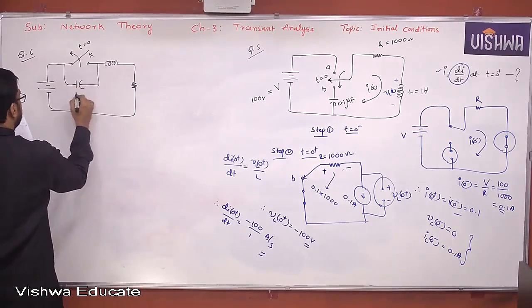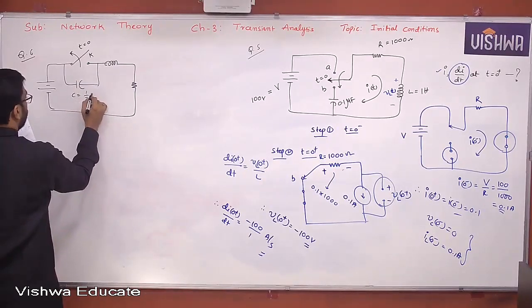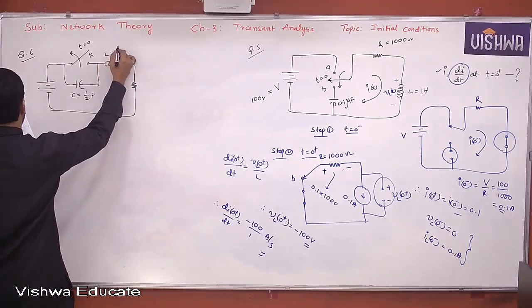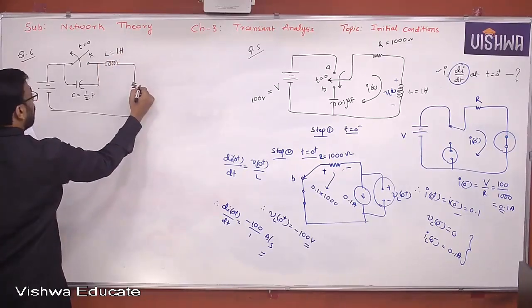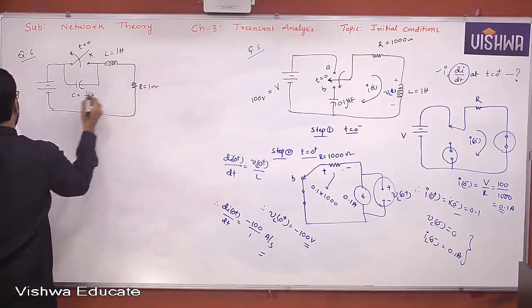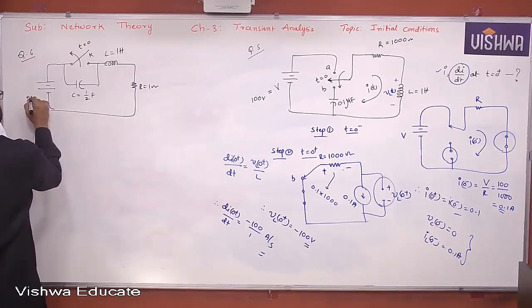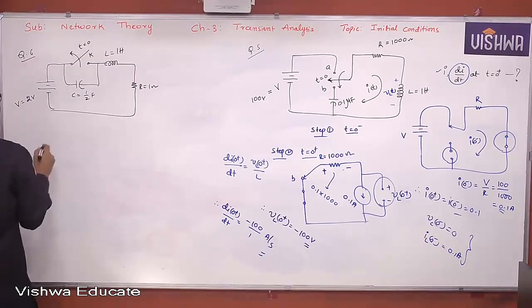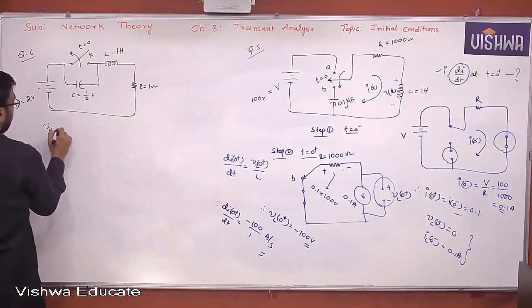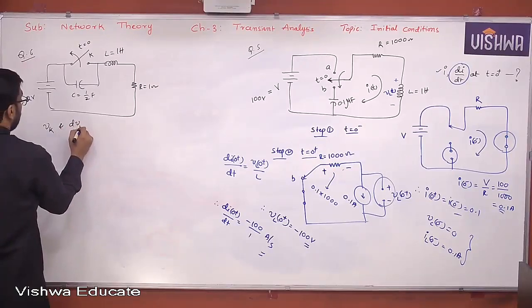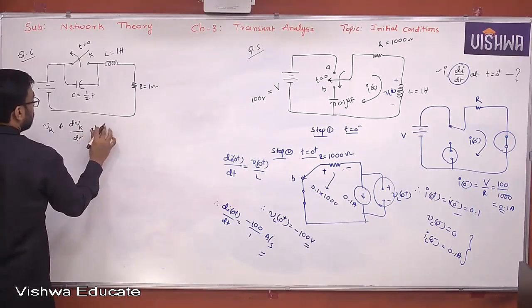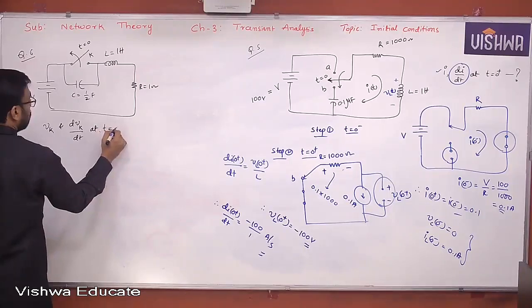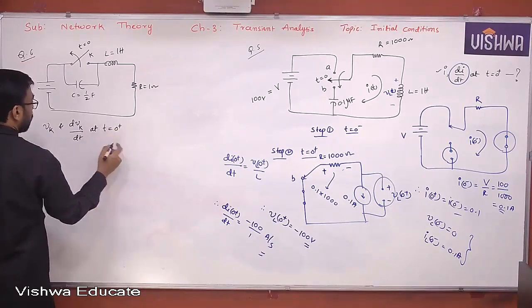Okay. The C value is given as 1 by 2 farad. L value is given as 1 Henry. R value is given as 1 ohm. And this is a 2 volts voltage value. What is he asking actually here? Vk and dVk by dt at t equal to 0 plus.